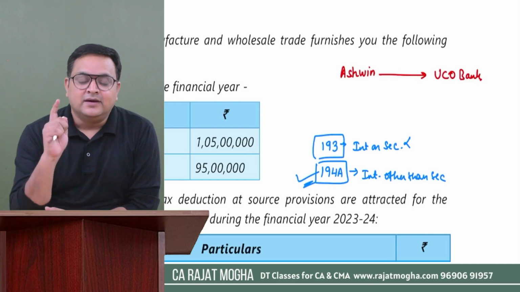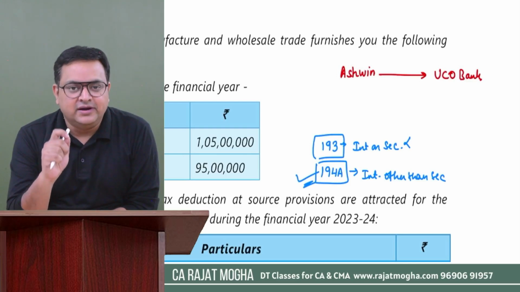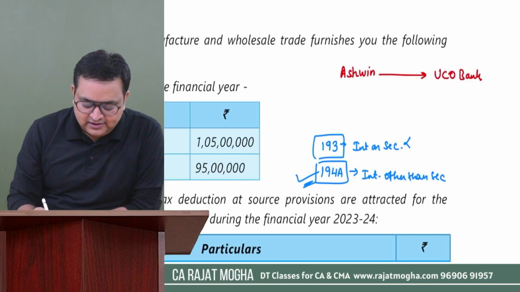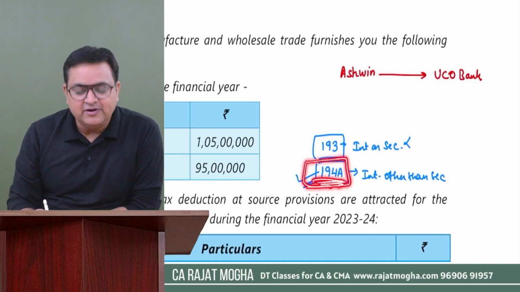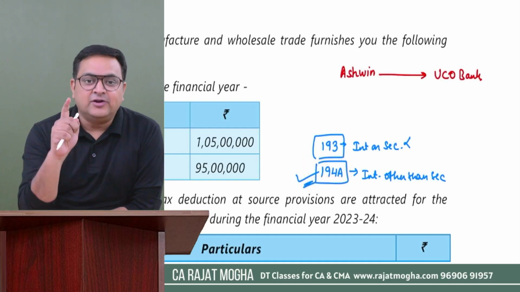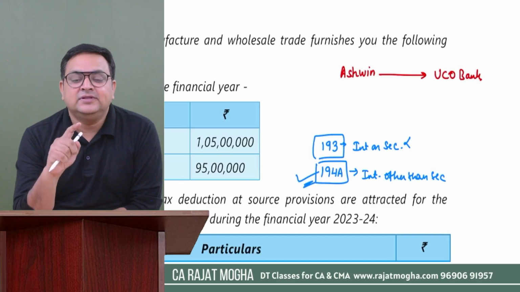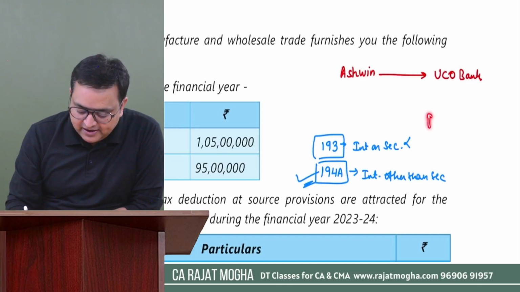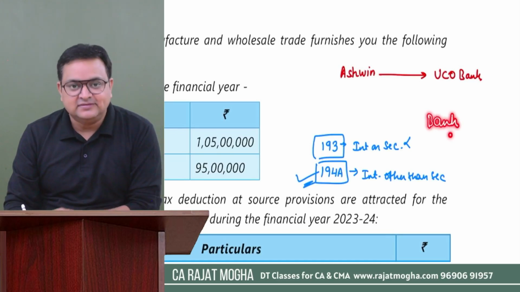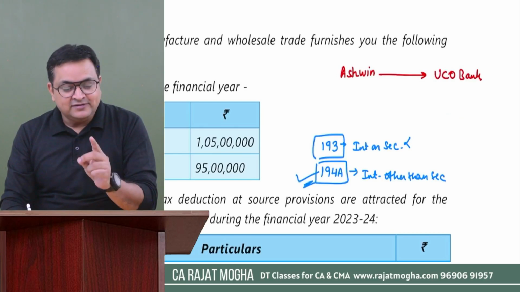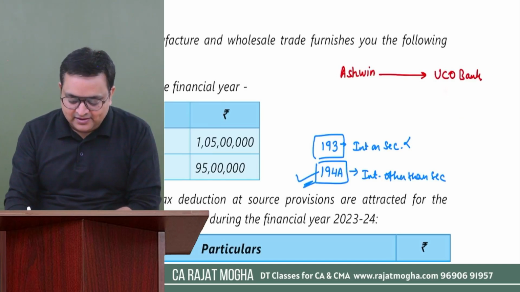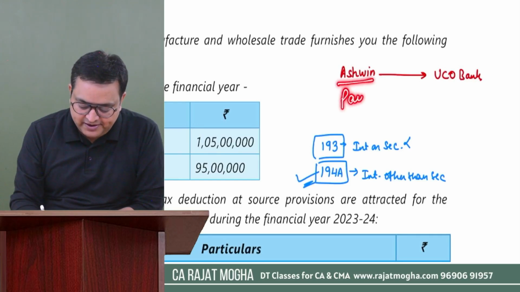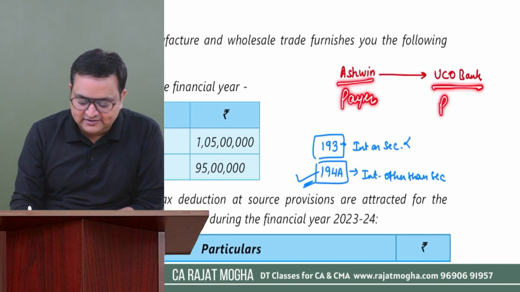Okay. Now there is a very important point written in section 194A that in some cases, this particular section will not apply. And one of the important cases is that if the receiver is any bank, please remember, the payer is not the bank, the receiver is the bank. The payer we can call Ashwin, and UCO Bank is the payee.